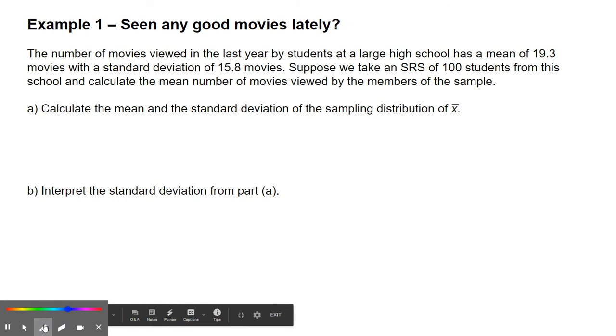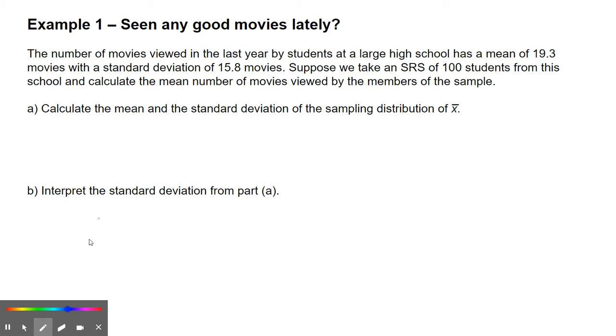The number of movies viewed in the last year by students at a large high school has a mean of 19.3 movies with a standard deviation of 15.8 movies. Suppose we take an SRS of 100 students from the school and calculate the mean number of movies viewed by the members of the sample. Calculate the mean and the standard deviation of the sampling distribution of x bar.